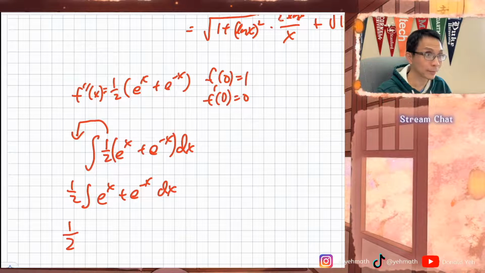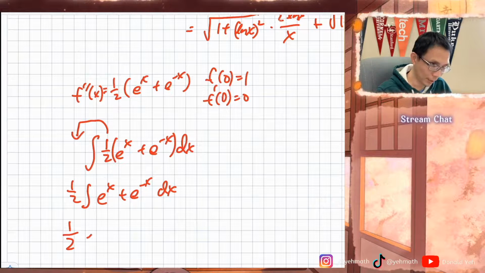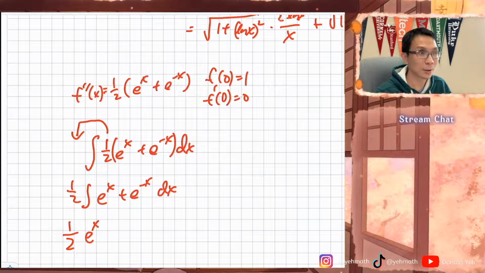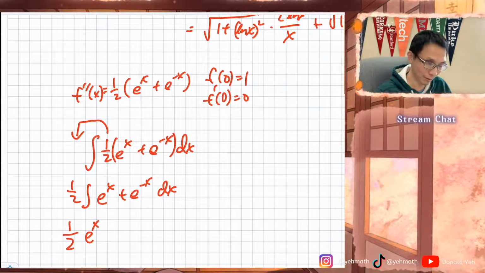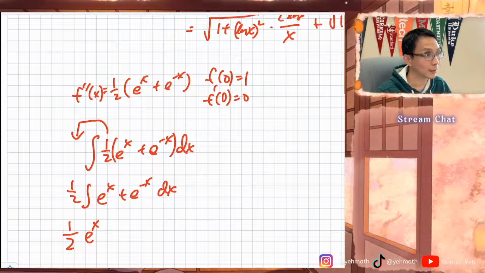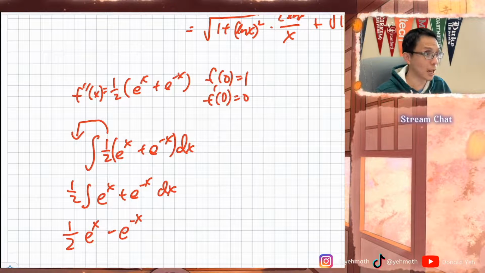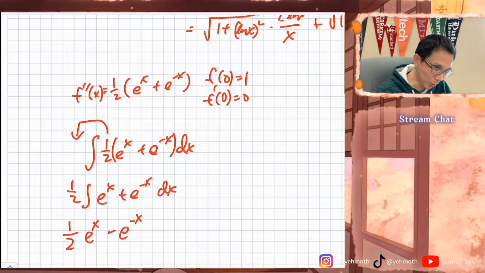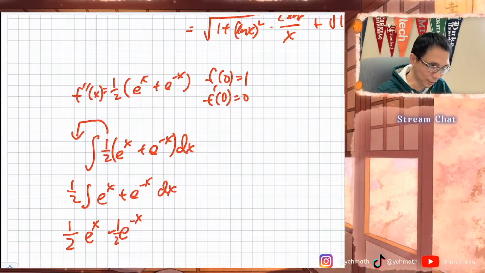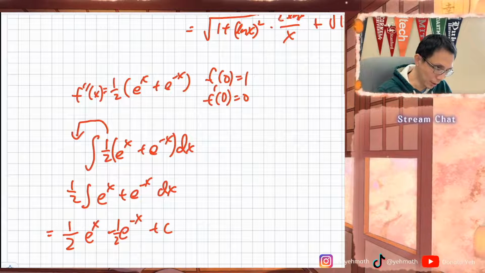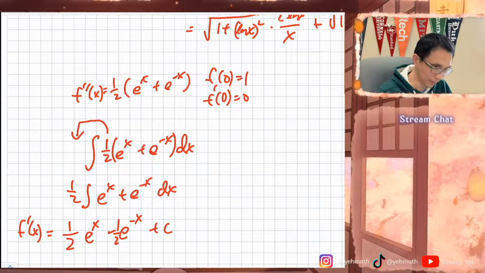It's e to the x. Now be careful with the next one. What's the integration of e to the negative x? Negative e to the negative x. Good. And the 1/2 distributes to both, plus c, and that's equal to f prime of x.